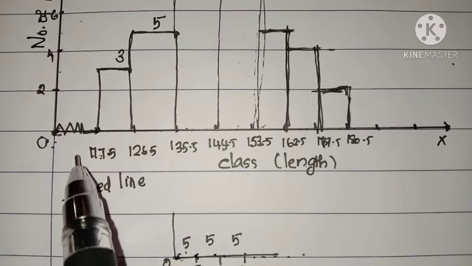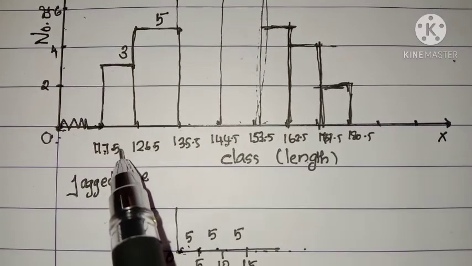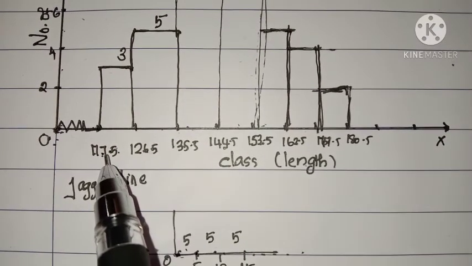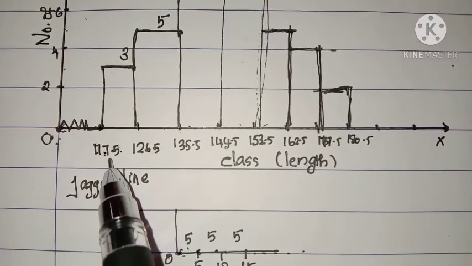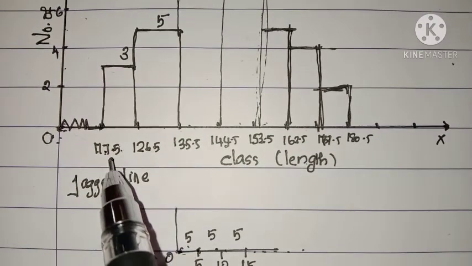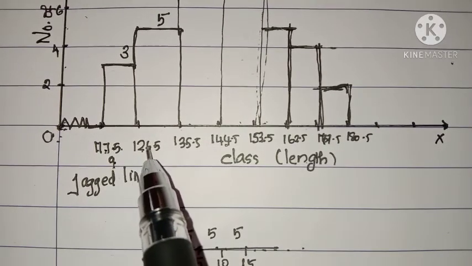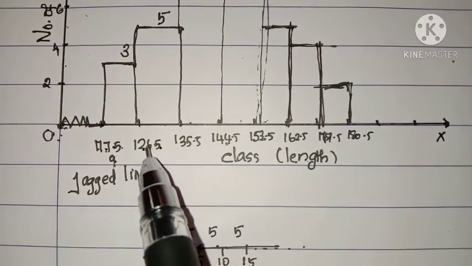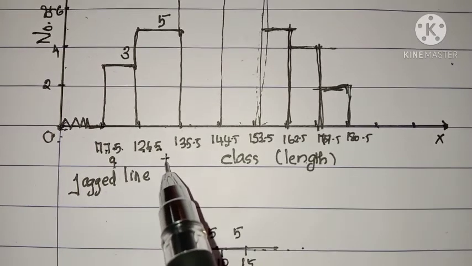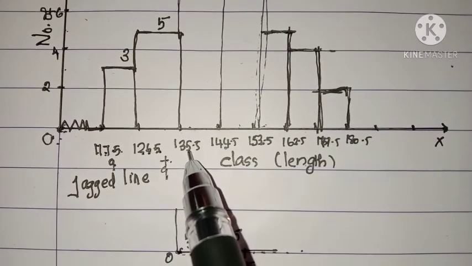But here, 117.5 to 126.5, the difference between these two is 9, isn't it? 117.5 plus 9 is equal to 126.5. 126.5 plus 9 is equal to 135.5.